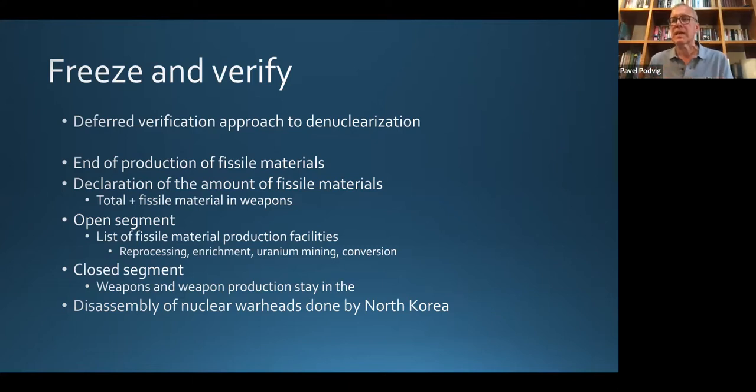That they indeed have 58 kilograms somewhere in weapons, because it is missing from the material balance or some amount like that. And all that time while you're going through this, North Korea would have some kind of leverage. I mean, they would have some peace of mind, so that they have weapons, and so it's their insurance in a way that this process is not abandoned or turned in some kind of direction.